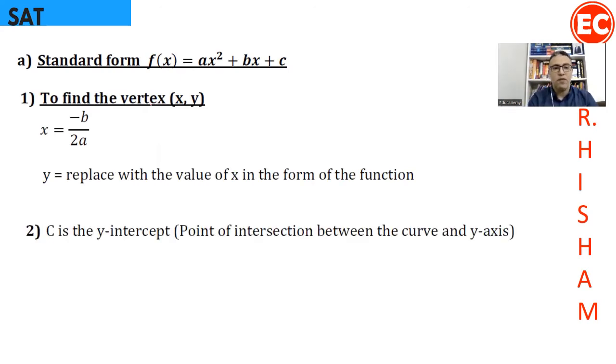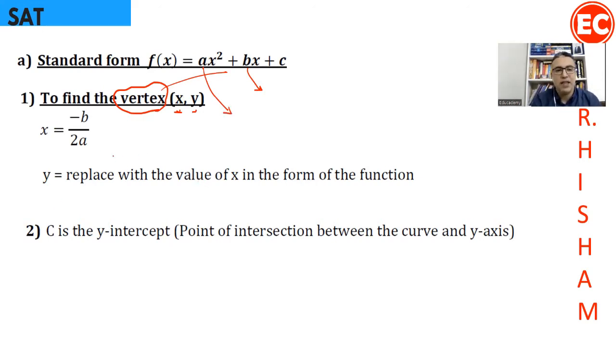Any vertex consists of x and y. x is equal to -b over 2a, and y is the value obtained by replacing x with -b over 2a, where b is the coefficient of x, and a is the coefficient of x squared.